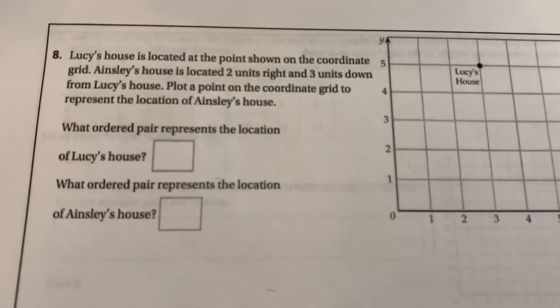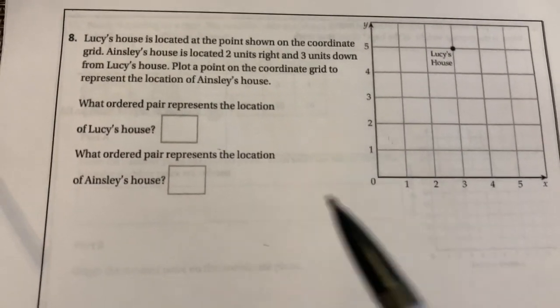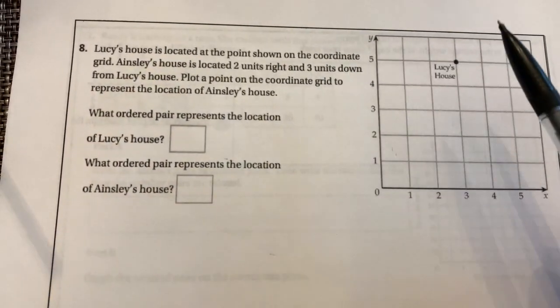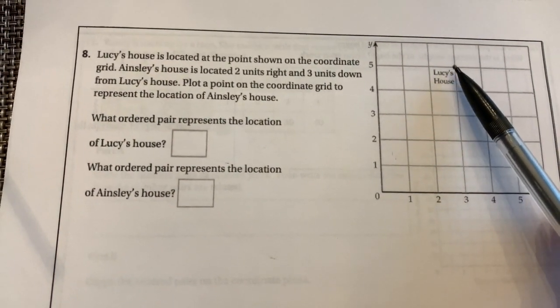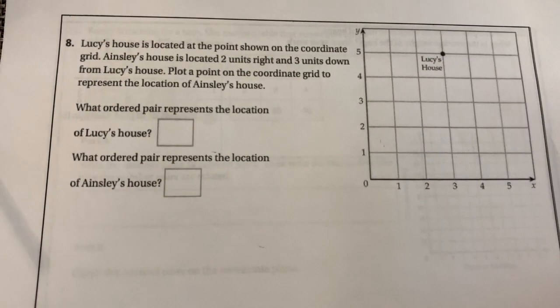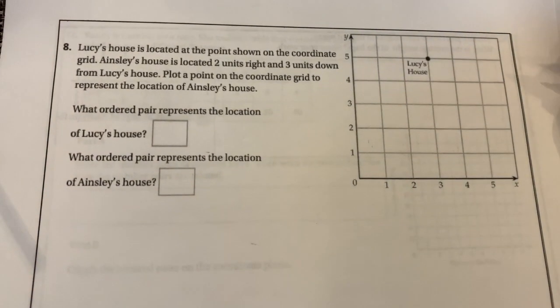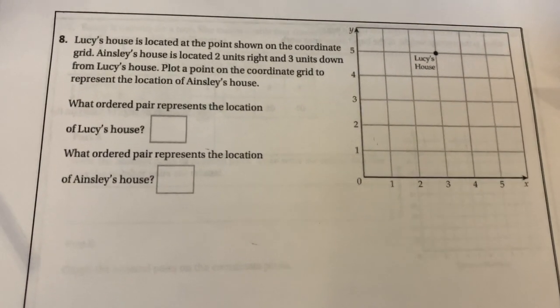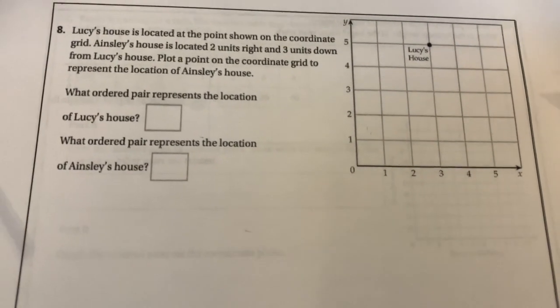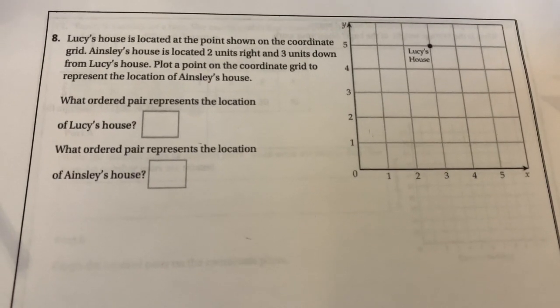For number 8, another coordinate grid question. Lucy's house is located at the point shown on the coordinate grid. Ainsley's house is located 2 units right and 3 units down from Lucy's house. Plot a point on the coordinate grid to represent the location of Ainsley's house.